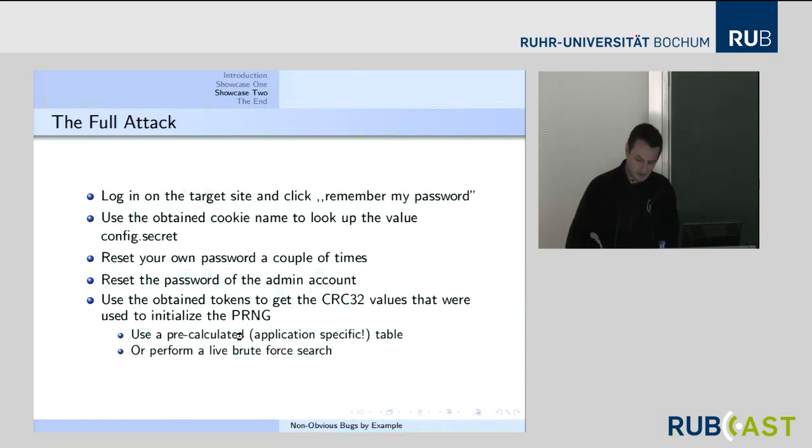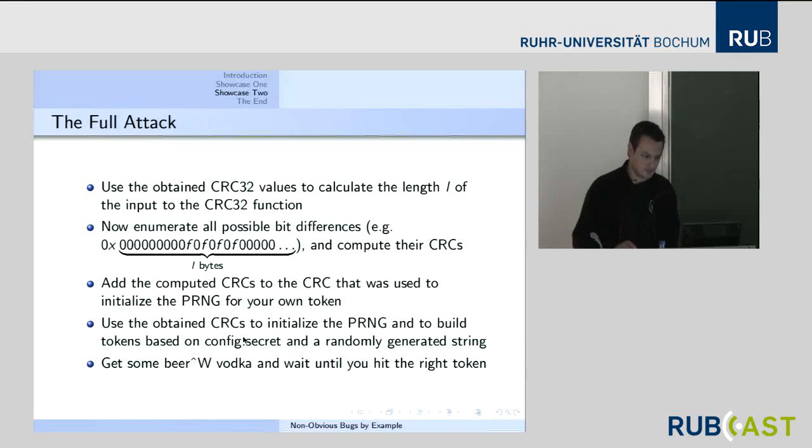Anyway, once you have done it, you use the obtained CRC values to calculate the length of the input, because that's a constant. And once you know the length, you just try to brute force the bit differences in the CRC values that could have been used when the administrator's password was reset.